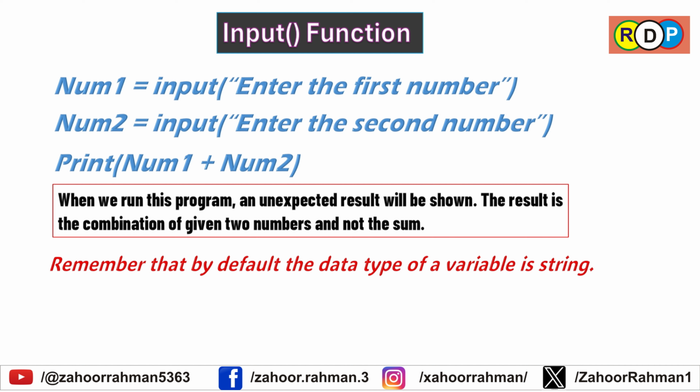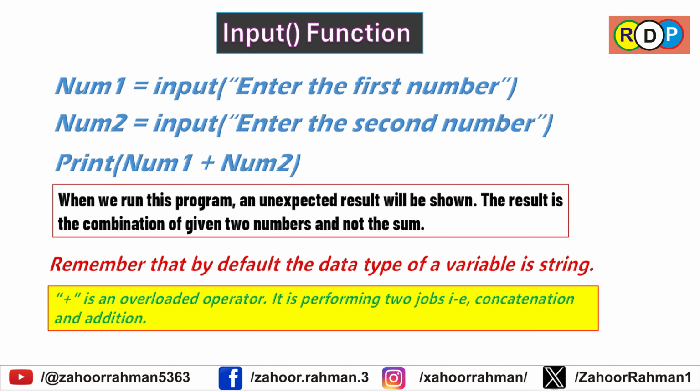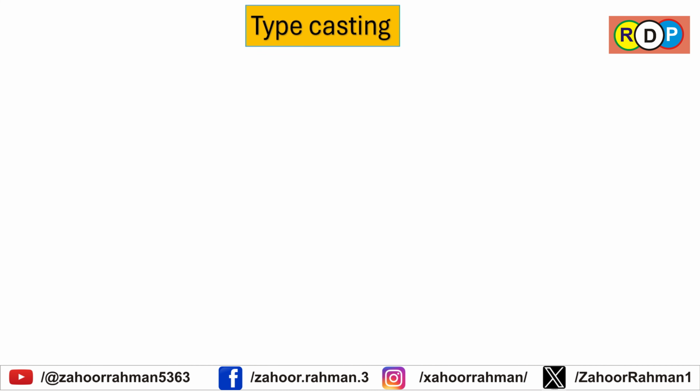Remember that by default the data type of input is string, so that is why plus was concatenating those strings. The next thing we must understand is that plus is an overloaded operator. It is performing two jobs, concatenation and addition, depending on the value.